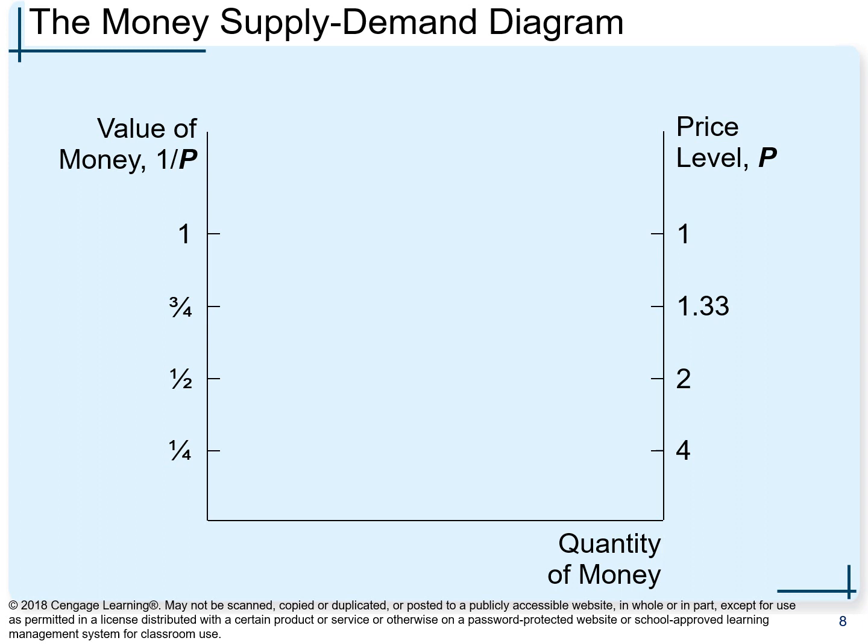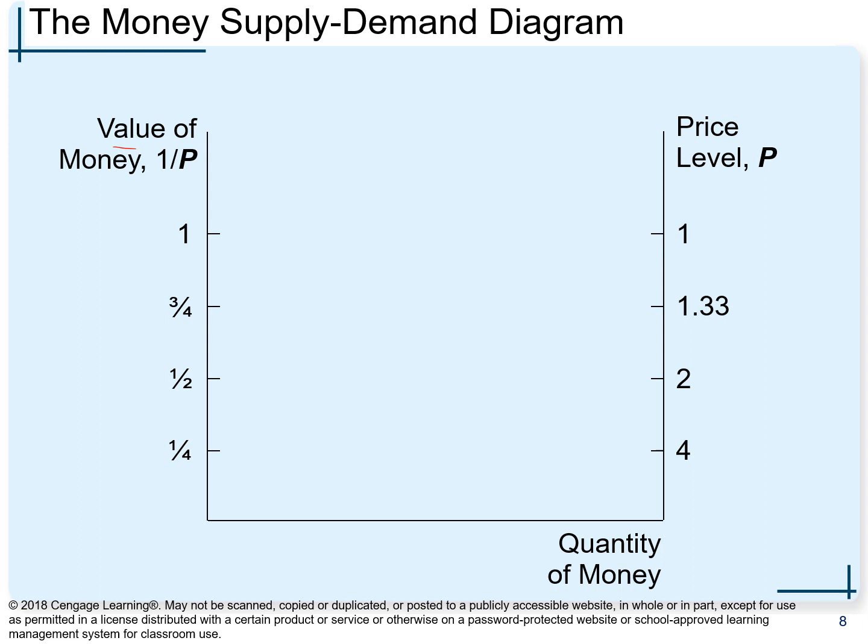Now, the demand for money is in a negative relationship with the value of money. As demand for money, the quantity of money, goes up, the value of money goes down.